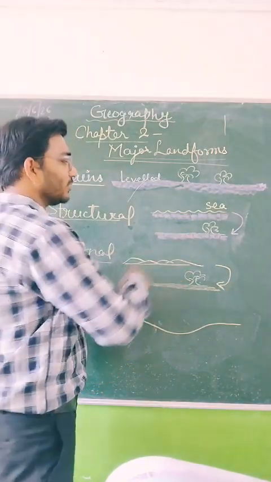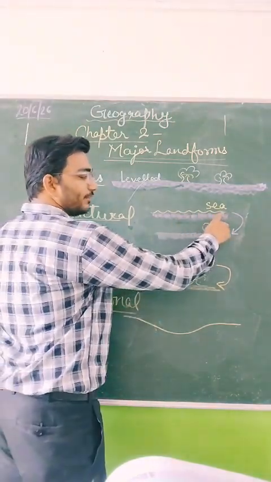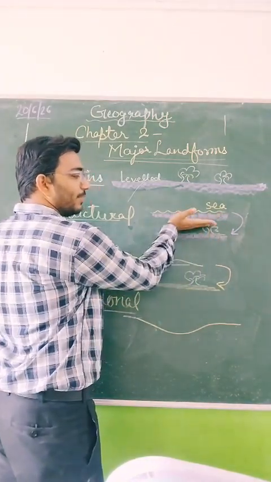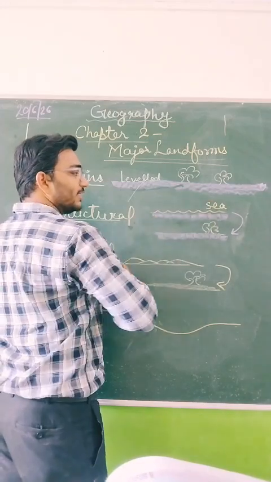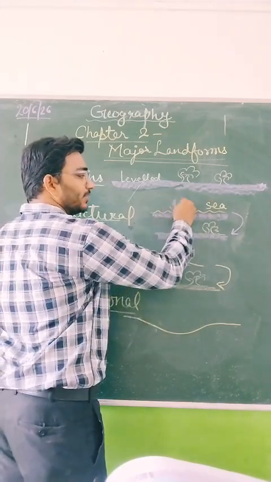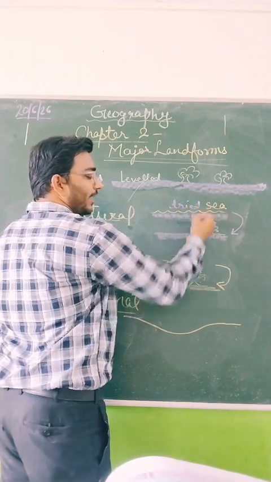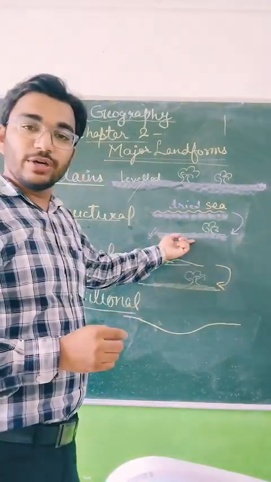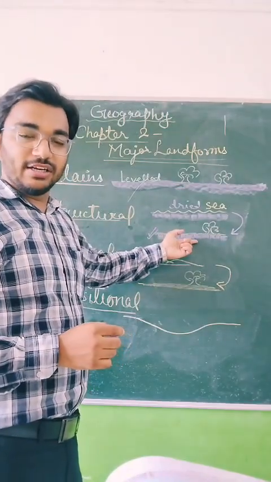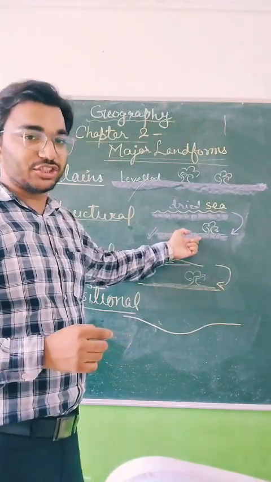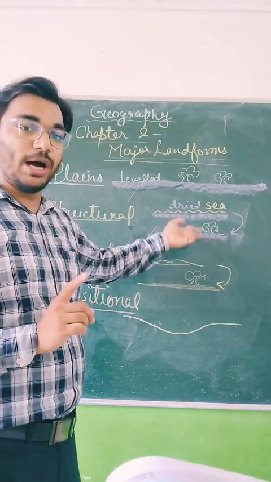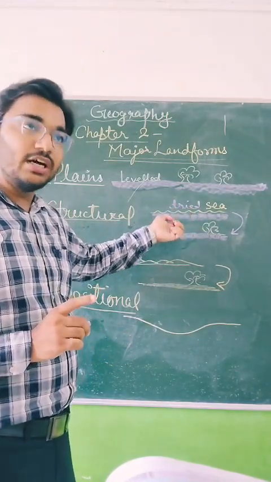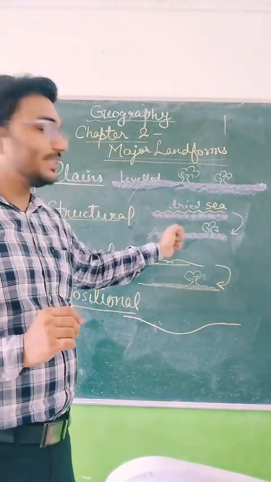Earlier there was sea on the surface of this plain. When this plain was uplifted, the sea dried up, and now we see the remaining is a planar surface. These types of plains are called structural plains, formed due to upliftment from the sea surface.